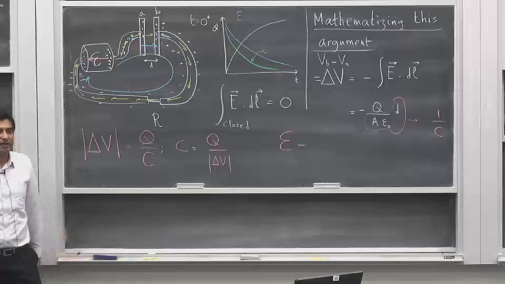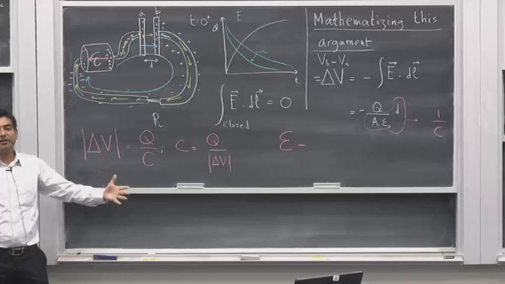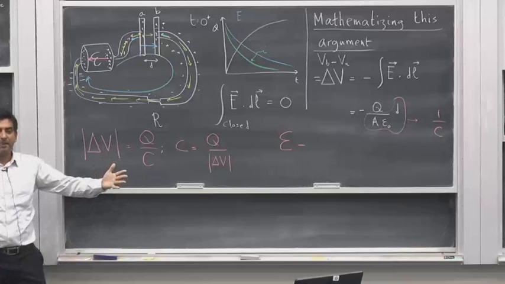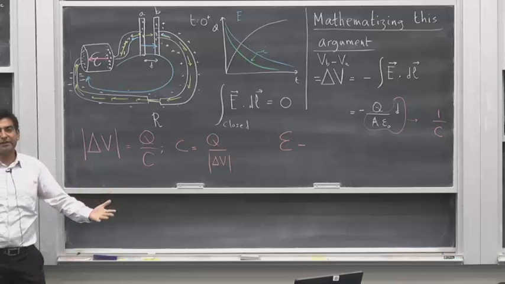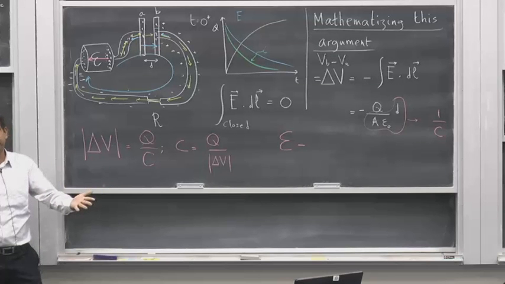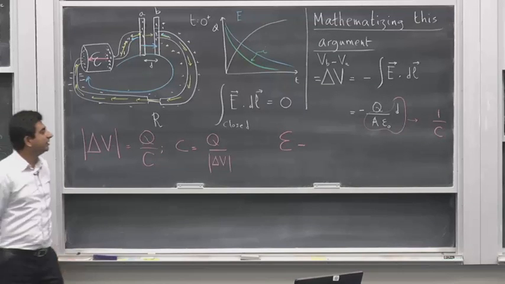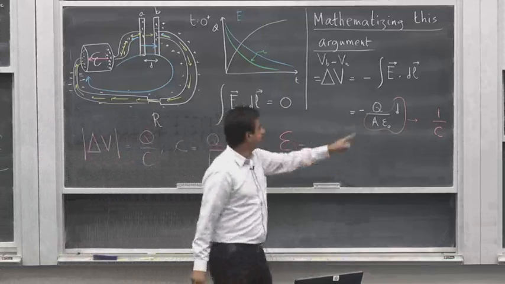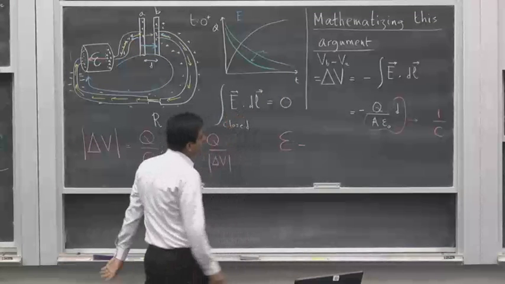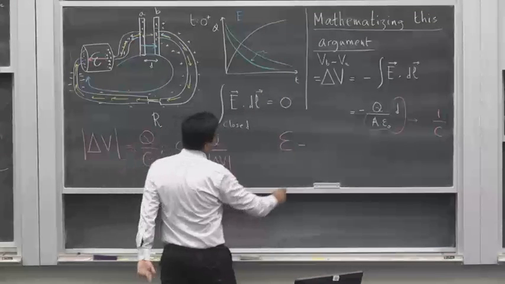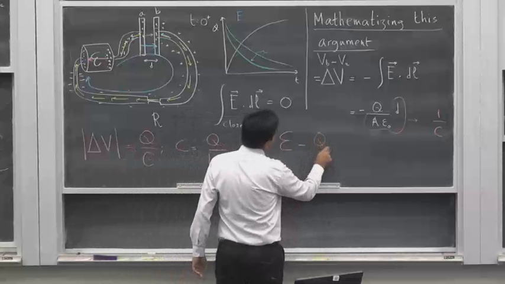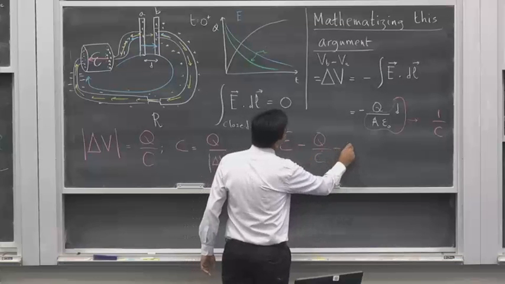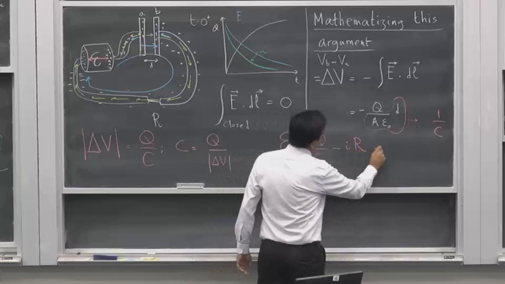It's like the reservoir capacity of a tank. How much fluid can a tank hold? Okay. So if we look at this expression and apply Kirchhoff's voltage law, we have the EMF of the battery minus Q over C minus IR equals 0.